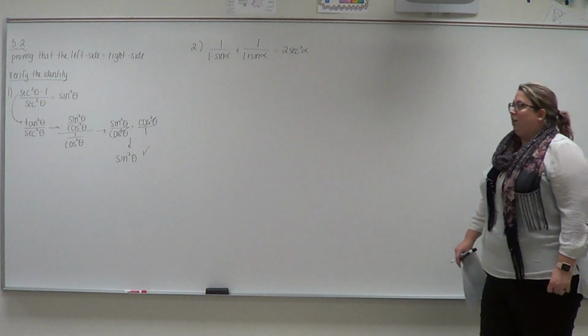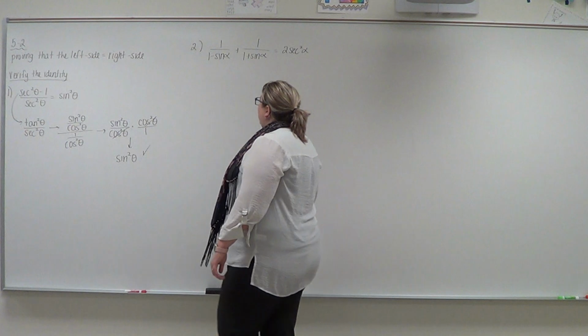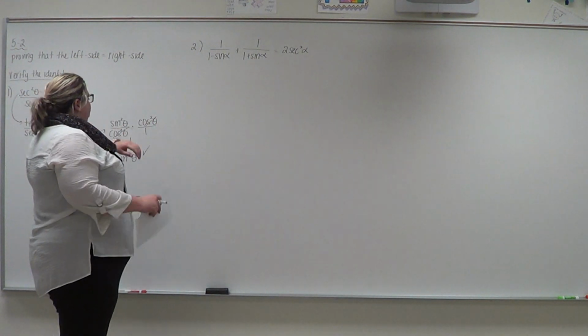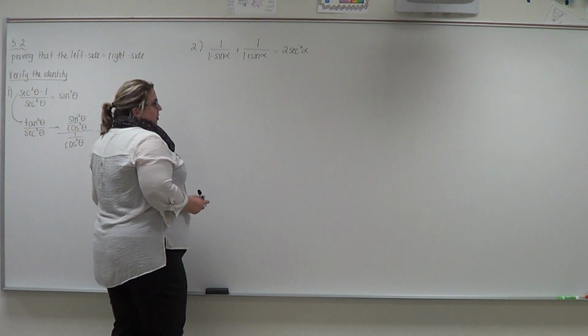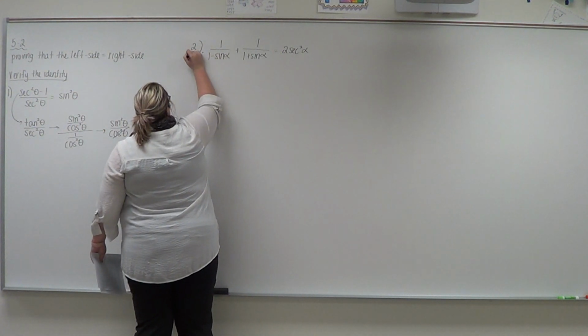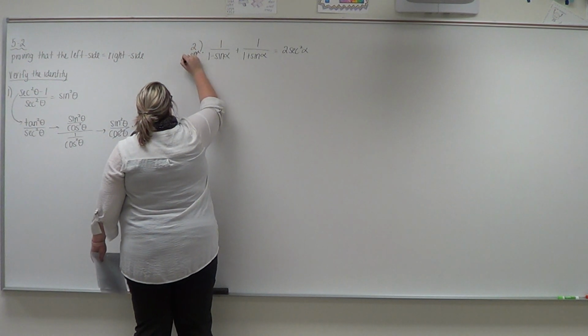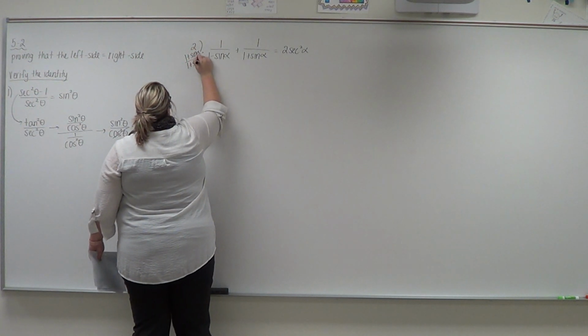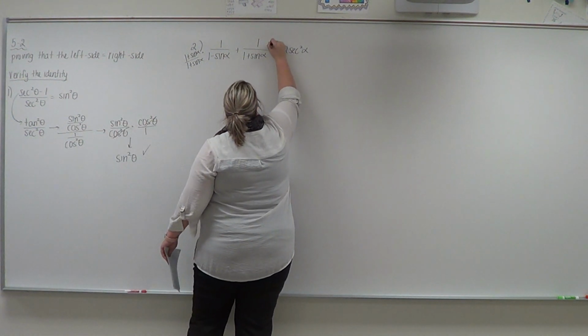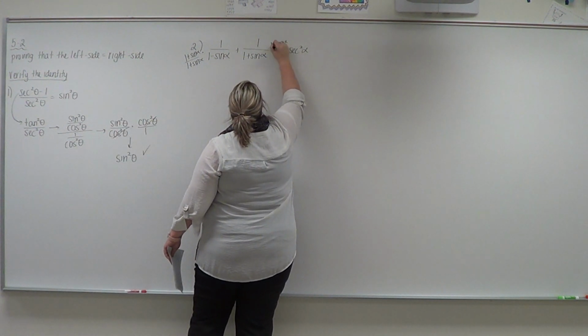Okay, anytime you see fractions, in order to combine fractions, you always need a common denominator. So the very first thing you do is multiply by what they need. This one has a 1 minus sine, so I'm going to multiply this one by 1 plus sine on top and bottom. That has a 1 plus sine, so I need to multiply by a 1 minus sine.